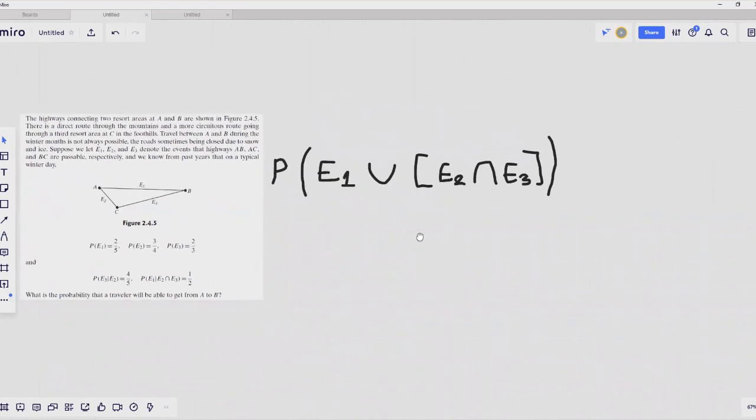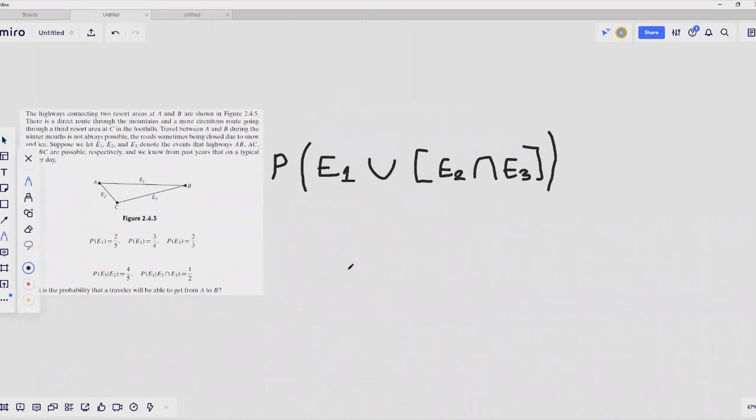All right, guys, before moving on, let's recall our formula for conditional probability.